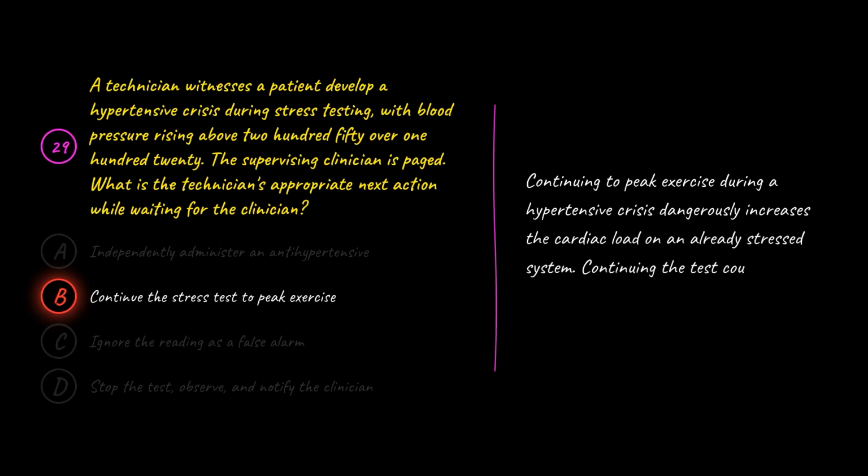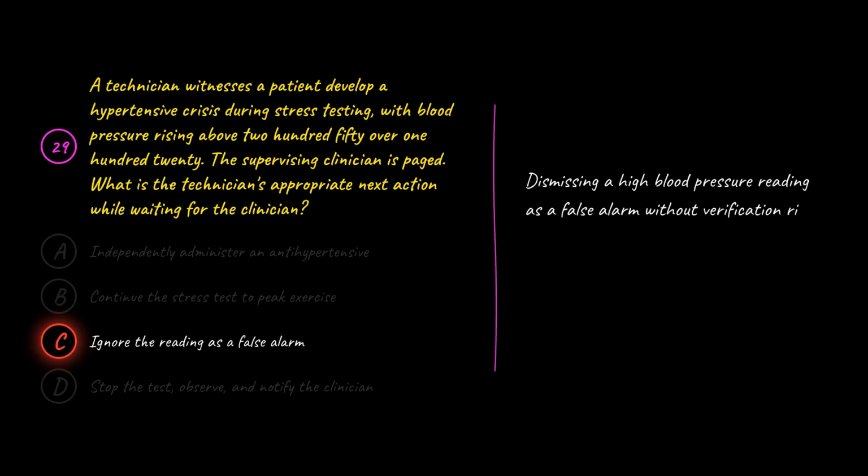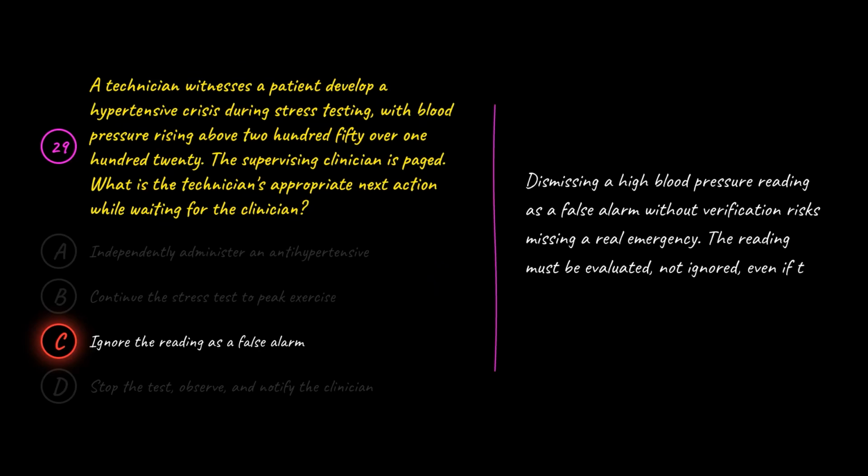Continuing the test could trigger a stroke or other vascular event. C is wrong because dismissing a high blood pressure reading as a false alarm without verification risks missing a real emergency. The reading must be evaluated, not ignored, even if the cuff size or technique might be at fault.